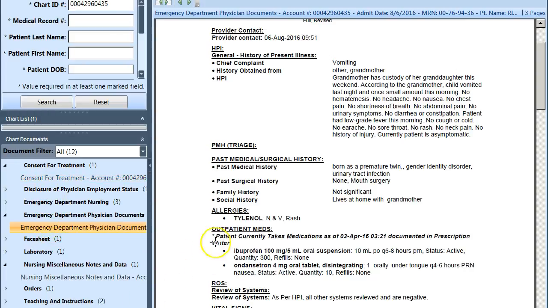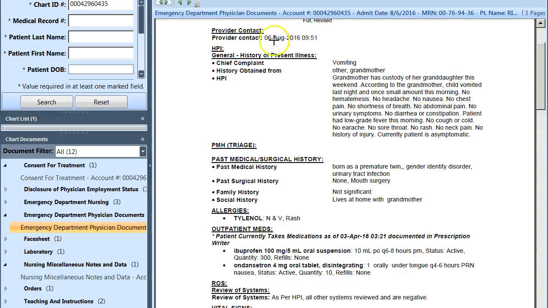Okay, so right here we're seeing that we have the chief complaint, and these are some things that you will probably have seen dealing with the evaluation and management type of coding.